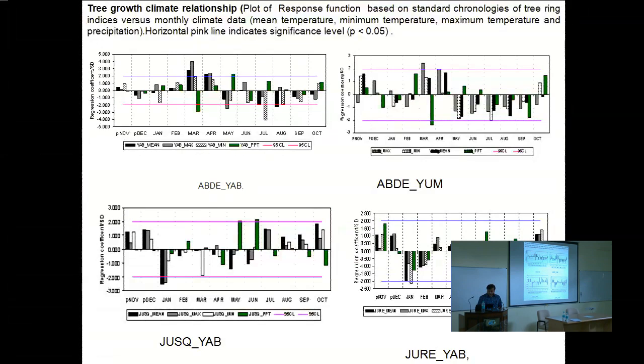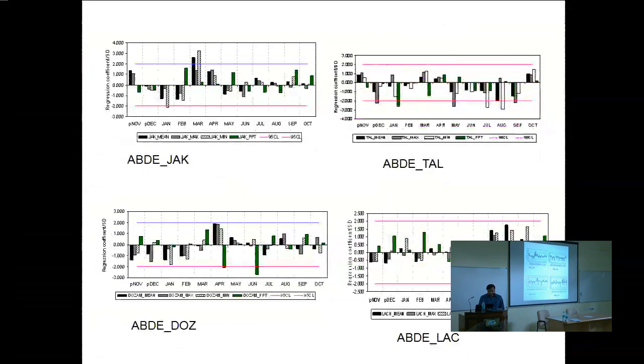Along the lower sites, we observed that for different species like Juniperus squamata, the precipitation of May-June is a limiting factor for growth. Likewise, as we go lower down, precipitation plays a more critical role in controlling tree growth.